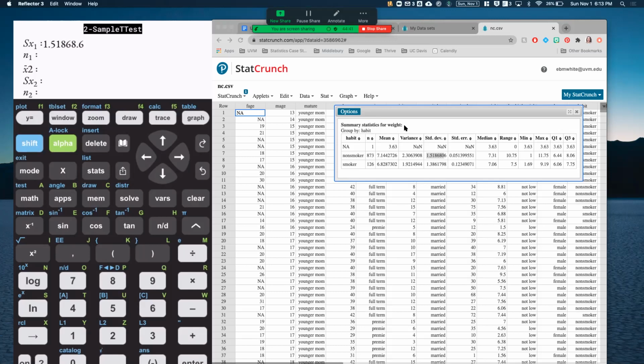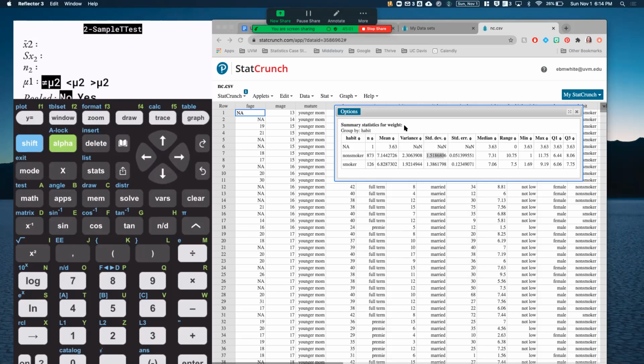Oops, I keep doing that with the 0. I think it's because I'm on my phone calculator, which is not as easy to work with here. 806. There we go. And the number in that first group was 873.